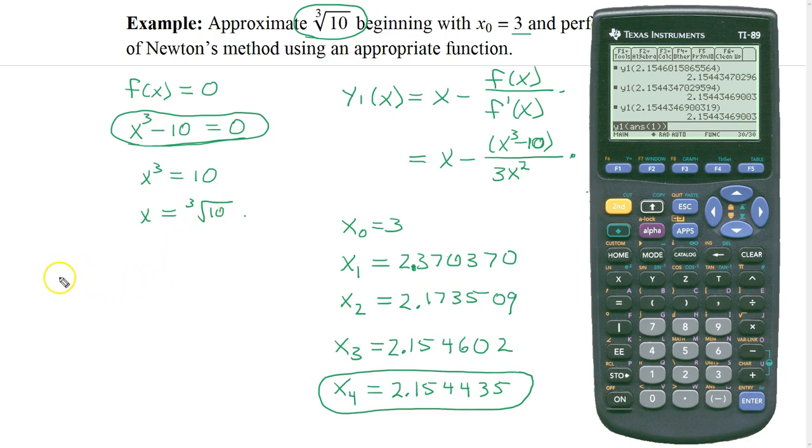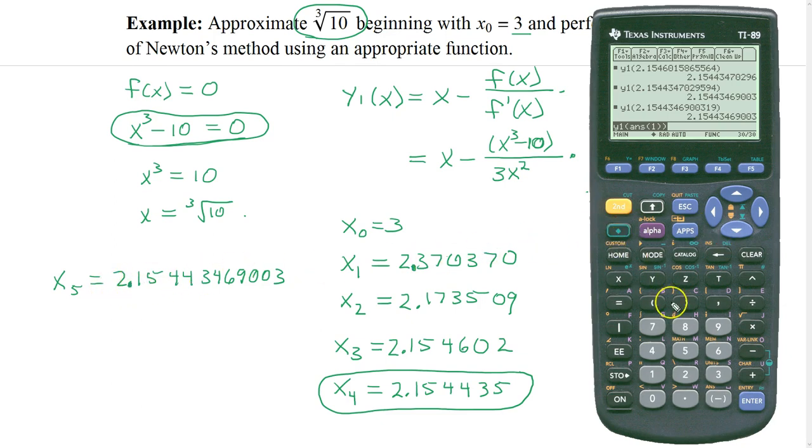So once we get to x5, there we have 1, 2, 3, 4, 5, 6, 7, 8, 9, 10, 11 decimal places. It doesn't change anymore.